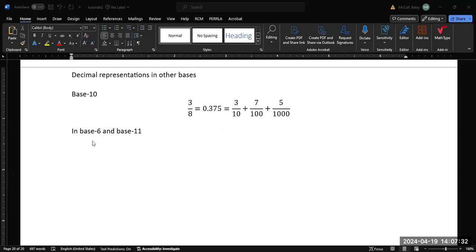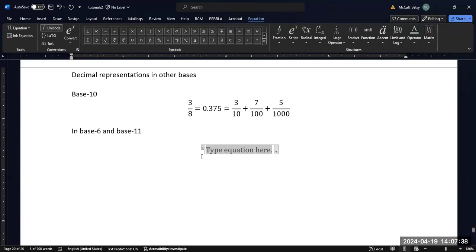Now, in base 6, remember that our decimals are going to be equivalent to powers of 6. So we'll have some number over 6 plus some other number over 36 plus some other number over 216 plus, and so on. Again, the numbers that go in our numerators can only be numbers that are in the base.